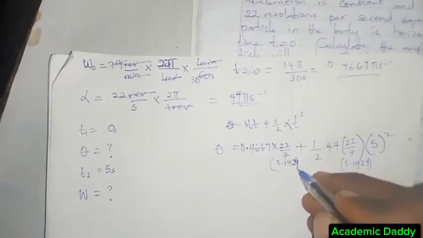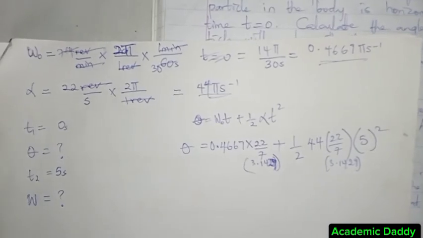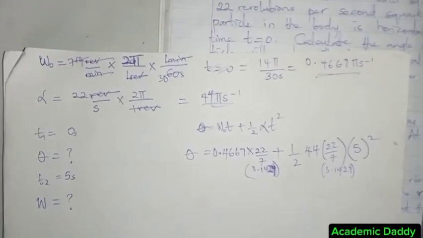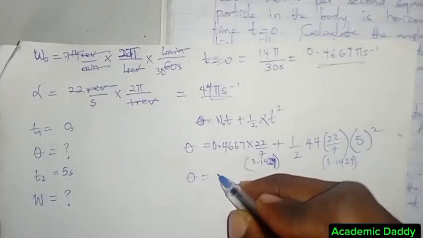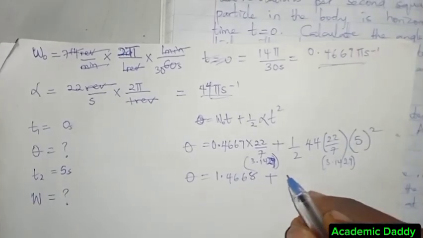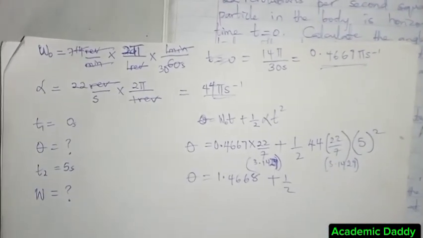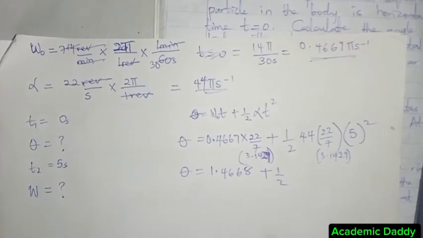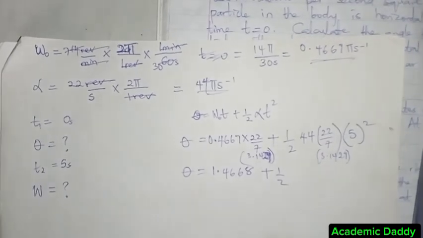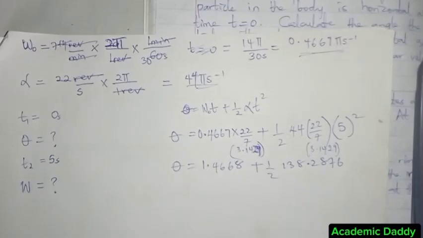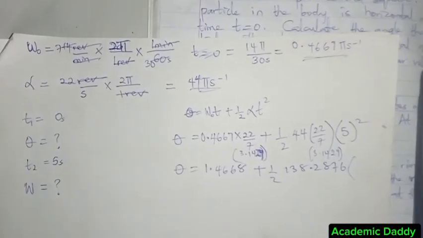Then we have 138.2876, then times 5 square, which is 25.